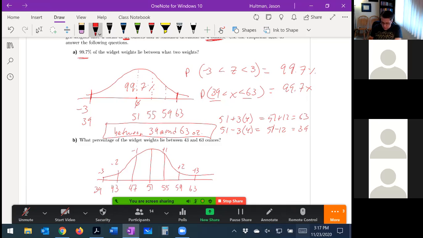Okay, so we want to know what percentage is between 43 and 63. Well, to go up to 63 would be 3 standard deviations. So that's half of 99.7. This guy here is going to be 1/2 of 0.997. That's the shaded yellow.